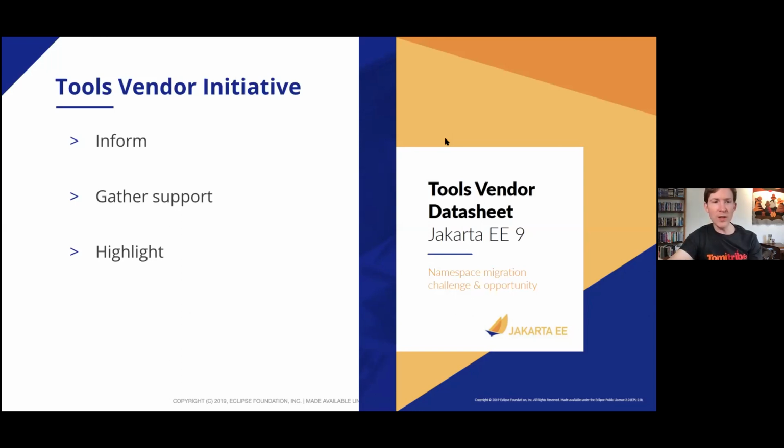And when we do these things, it's your job to be retweeting that as much as possible so you can pressure the people who do not take the namespace change seriously into taking the namespace change seriously. There's nothing that motivates a vendor more than seeing their competition get a whole bunch of attention they want, right? And so you guys are an essential part of some of these things.